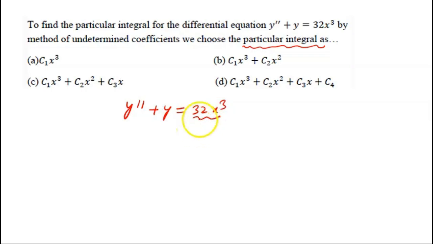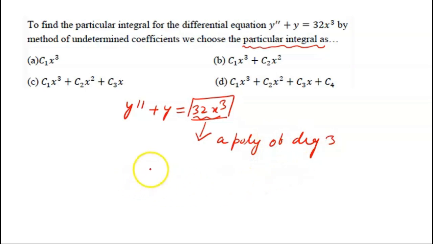To choose the trial solution, what we do is look at the right hand side of the differential equation. And when we look at this, it is a polynomial of degree 3. So the trial solution or the particular integral that we have to select is a polynomial of degree 3, and that polynomial should be a general polynomial. You know what I mean by general polynomial?